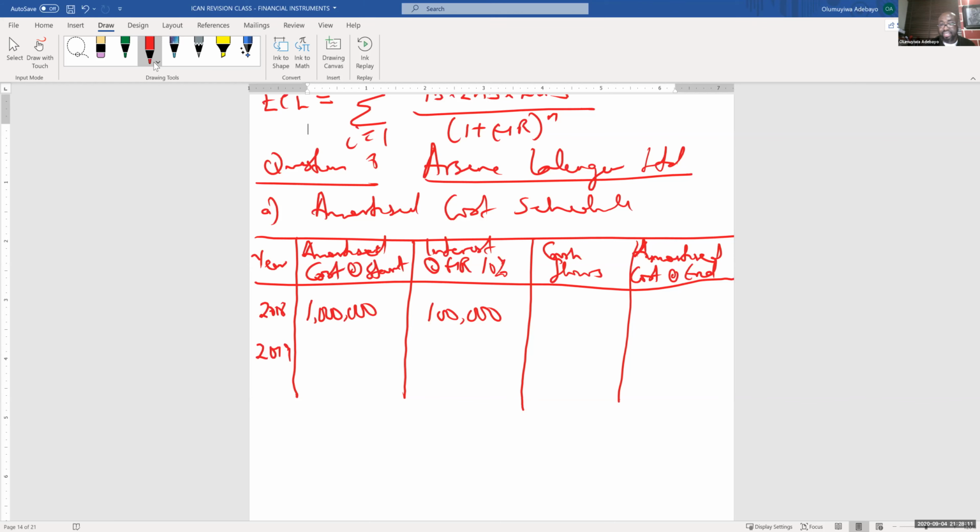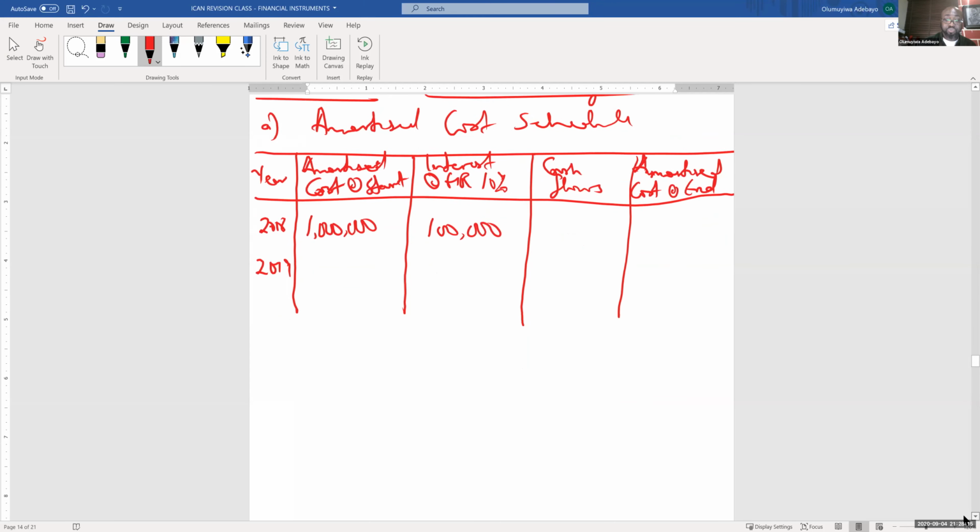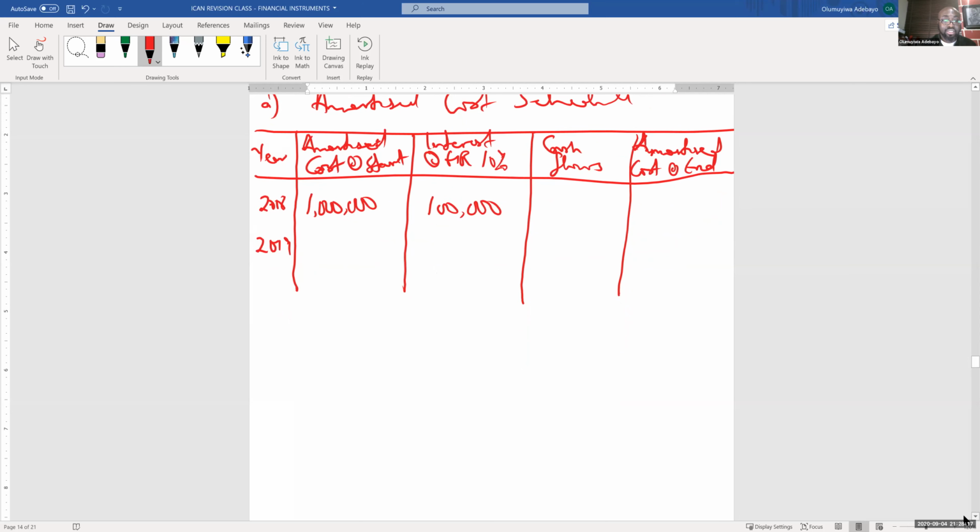Let us come down here and draw up a timeline for my cash flow. This is supposed to run for how many years? 5 years. Year 1, year 2, year 3, year 4, and year 5. This is year 0.